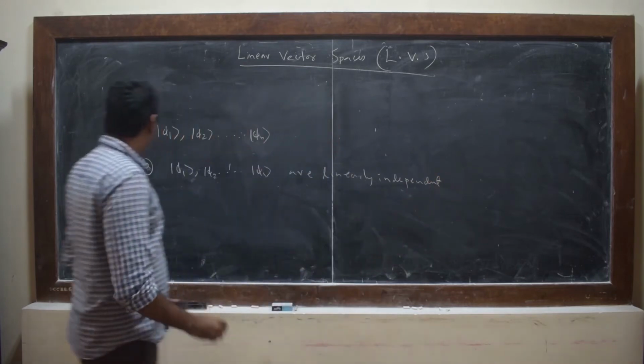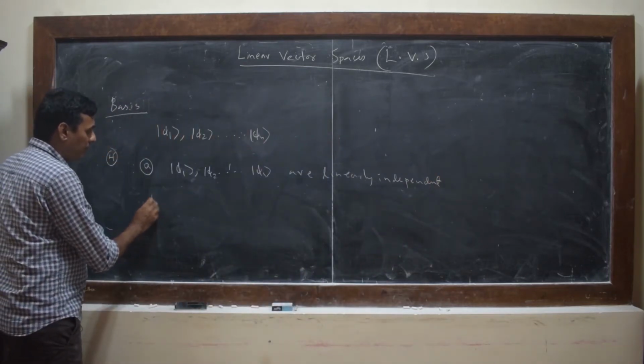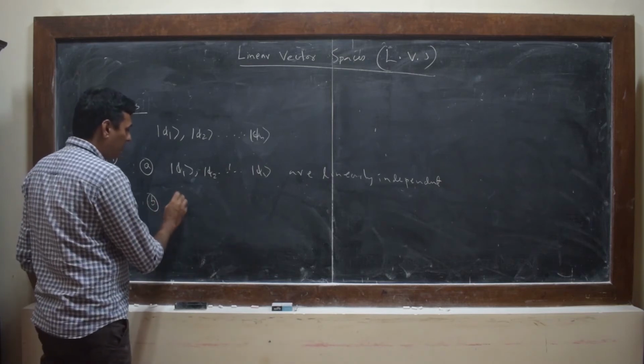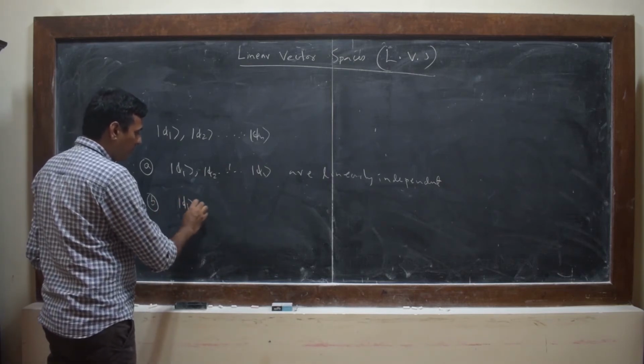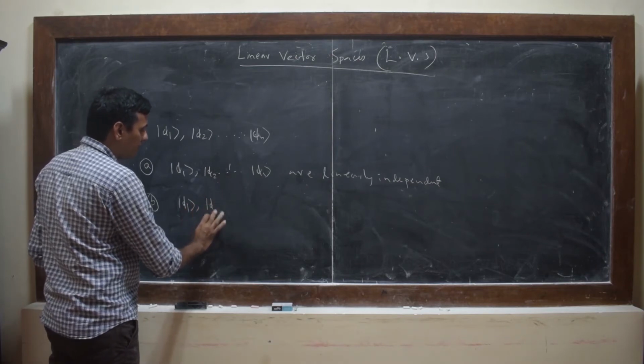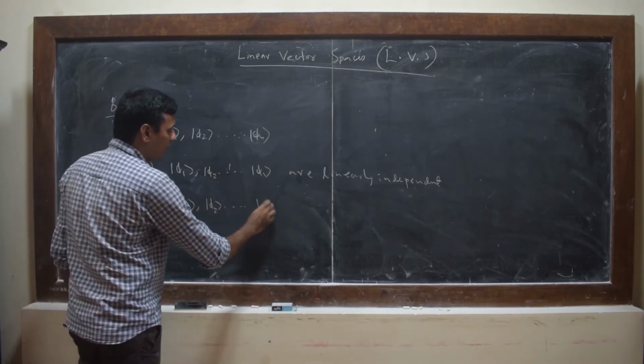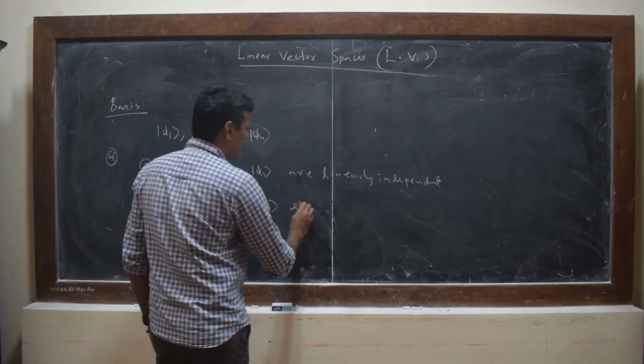And second one, B, phi 1, phi 2, phi n should span the space.